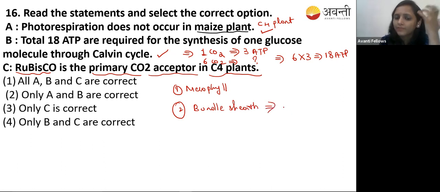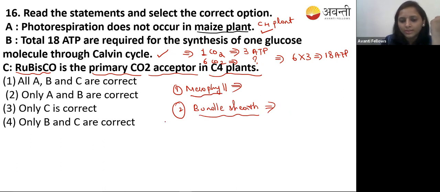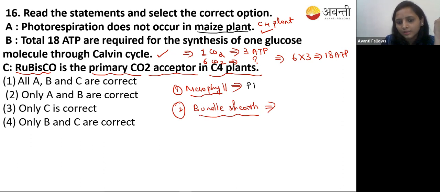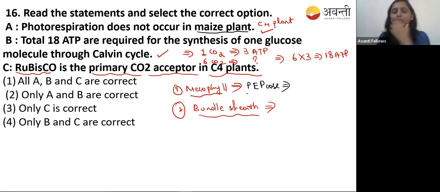The carbon dioxide fixation happens in the bundle sheath cell, but the carbon dioxide acceptance takes place in the mesophyll cells. In the mesophyll cells, there is an enzyme named PEPcase, which accepts the carbon dioxide.